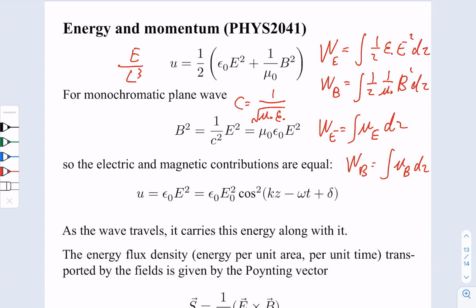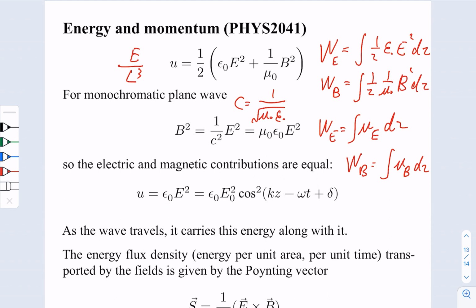If you multiply this factor into the expression, we see that something interesting happens. The first term is exactly identical to the second term. So for light, the electric energy and the magnetic energy contribute equally to this energy density u. So we can simply express u as epsilon naught times E squared.